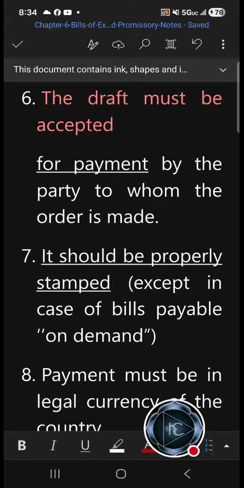Especially when people need to understand that these rules are not applicable in the private, they are applicable in the public.